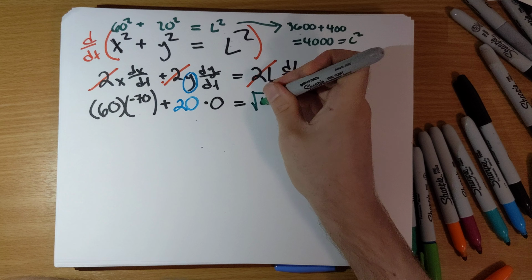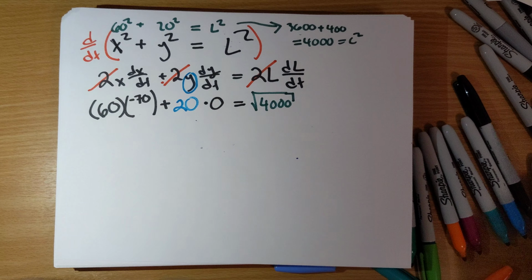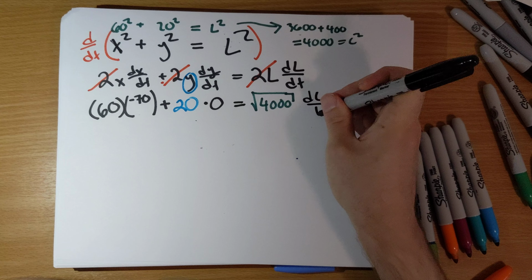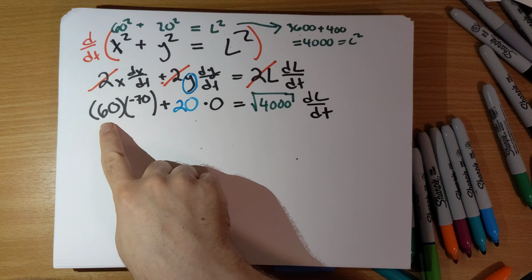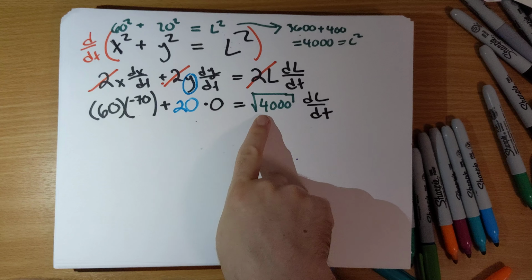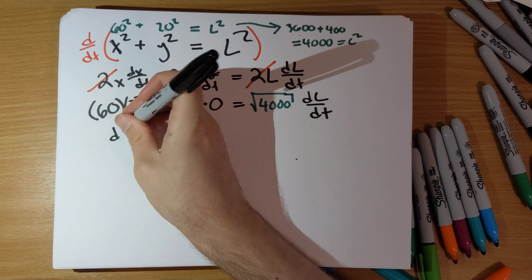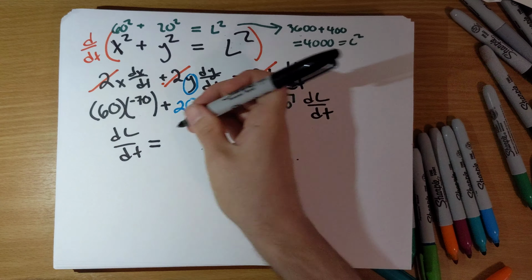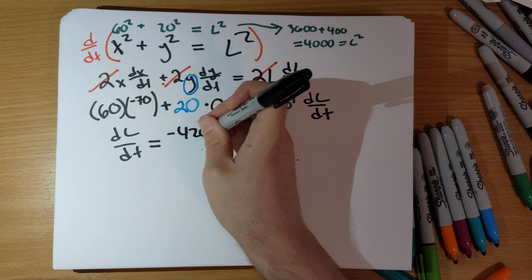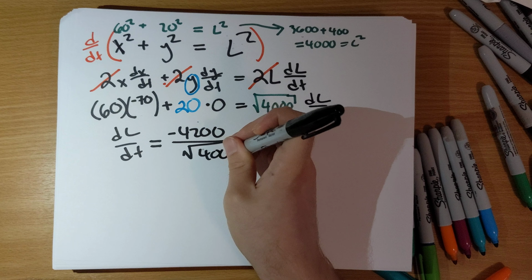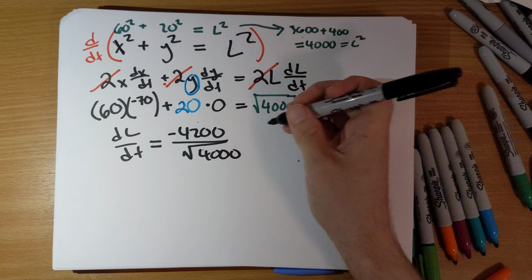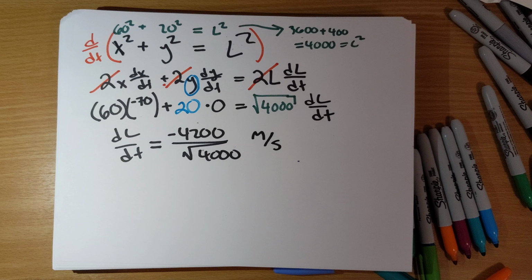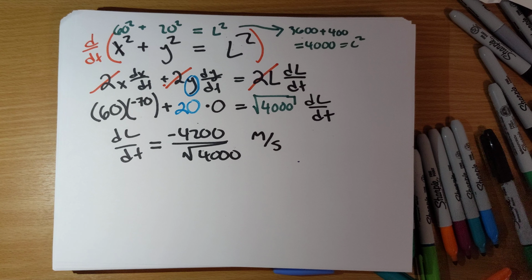So L is the square root of 4,000 times dl dt. Okay, so 60 times negative 70 plus 0 is equal to the square root of 4,000 times dl dt. dl dt is equal to negative 4,200 divided by the square root of 4,000. And we're being asked for the units here. L is changing in terms of meters per second. So yeah, this is a nice problem. Lots to think through in this problem.